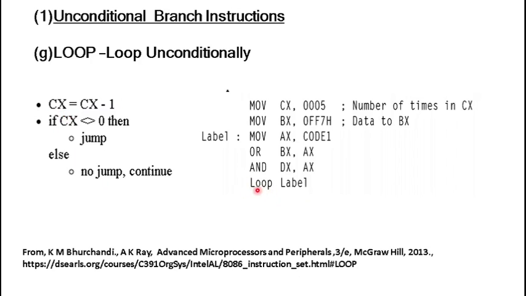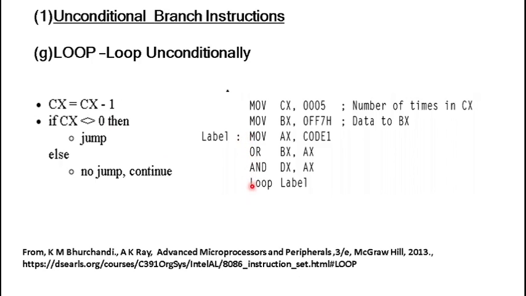At the point of loop, the decrementing operation will happen, then the conditional check will happen, and if the condition is true, you will execute a jump to this label. If you see this code, a particular line of this code is labeled, given a particular label or name, and loop to that label is issued at the end. This looping will happen only after the decrement of CX, and once CX is not 0, you will proceed back to the label.